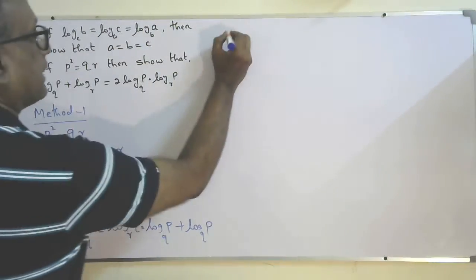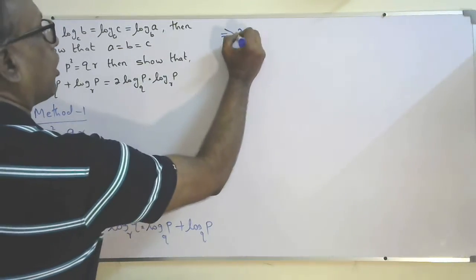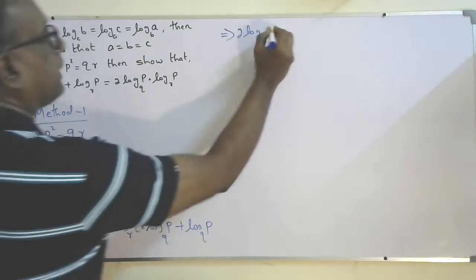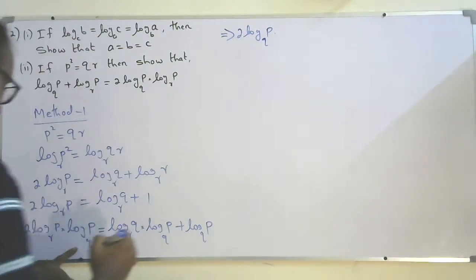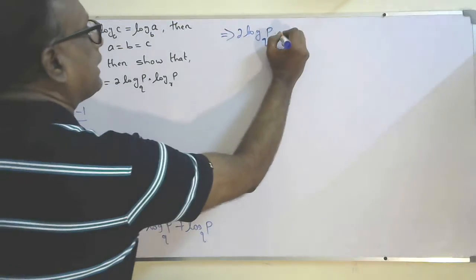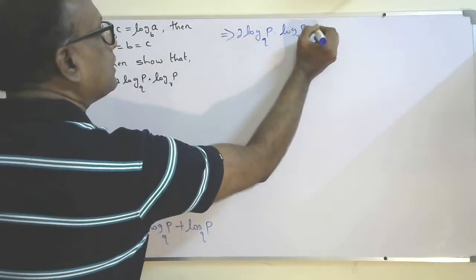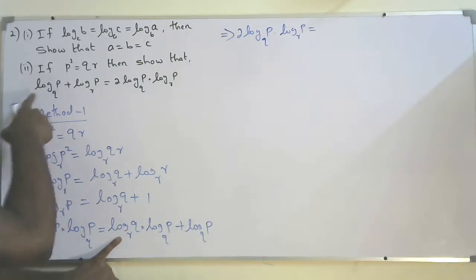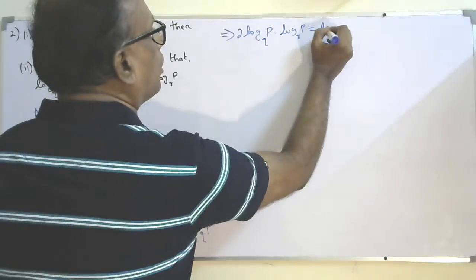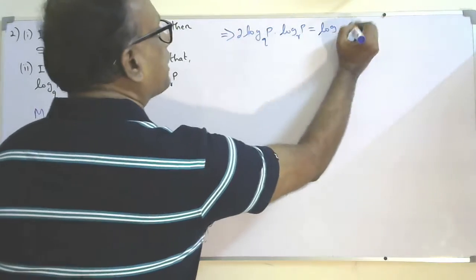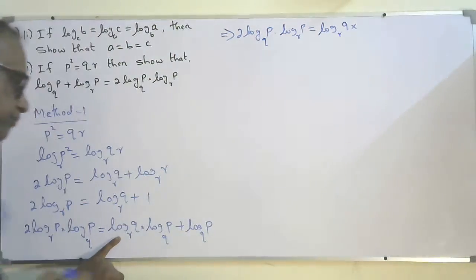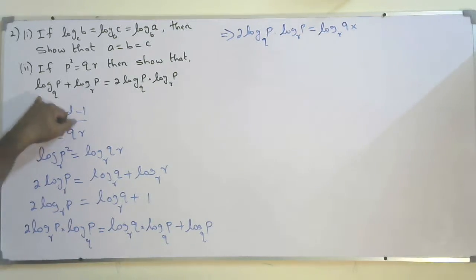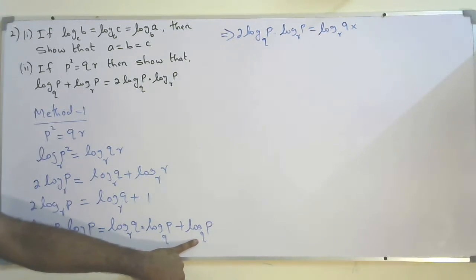So I can write this 2 log Q of P I'm writing first because here it's given Q of P times log R of P, same thing here, equal log R of Q is there but not in the answer. But anyway, I'll write that log R of Q times this log Q of P is there.